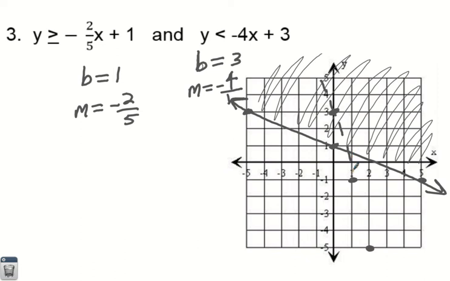Now just focus on what you're doing. It's easy to get mixed up by the other graph, so focus on the dashed line, because we're shading below the dashed line. I can already see what my final shading is going to be. It's going to be all in here, below the dashed line all the way.